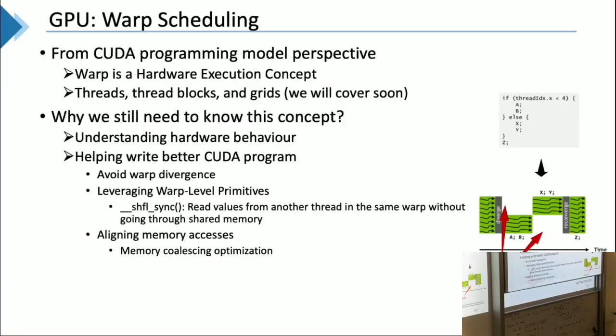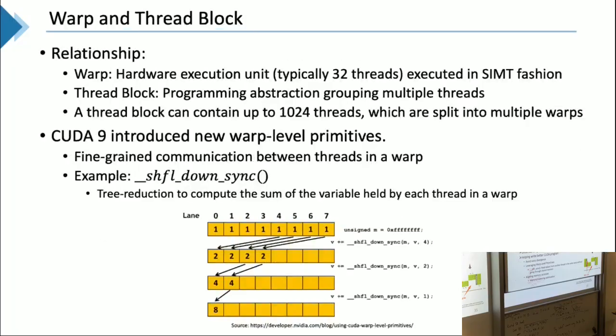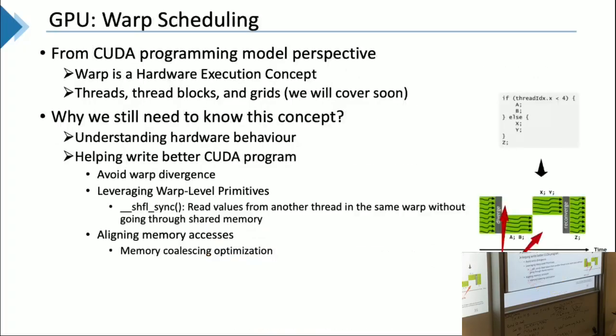As I mentioned before, from the CUDA programming model perspective, most of the time you cannot control warp-level scheduling. However, in some recent versions, for example CUDA 9, they introduced some warp-level primitives, but this is a new feature. In most cases, you are not able to control the warp level.